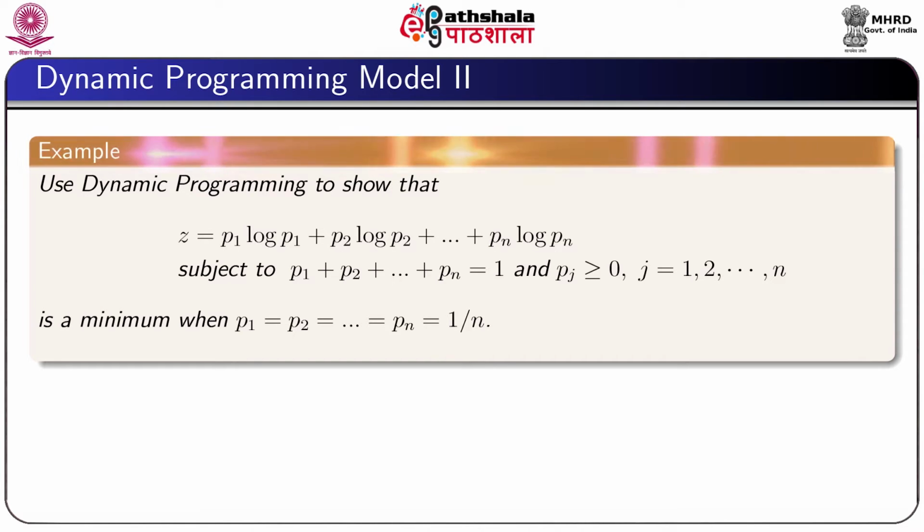Use dynamic programming to show that z equal to p1 log p1 plus p2 log p2 plus ... plus pn log pn, subject to p1 plus p2 plus ... plus pn equal to 1, where pj is greater than or equal to 0, is minimum when p1 equal to p2 equal to ... equal to pn equal to 1 by n.